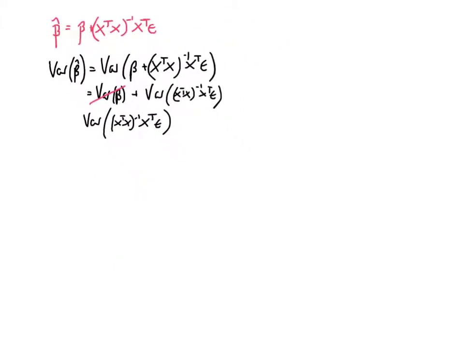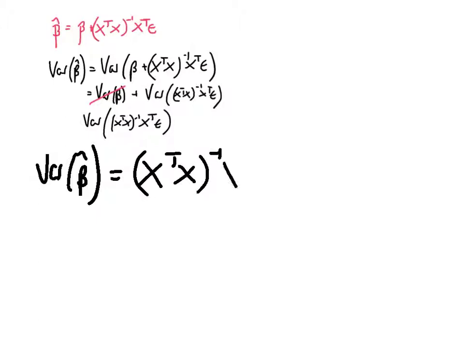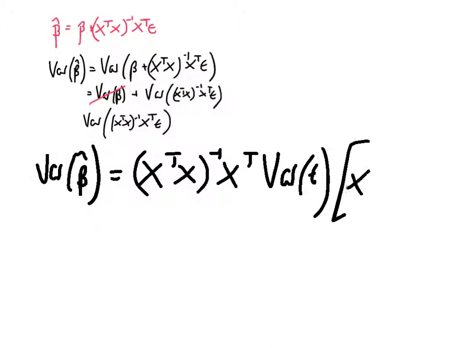What we're saying then is that the variance of beta hat is going to be equal to (X^T X)^-1 X^T multiplied by the variance of epsilon multiplied by (X^T X)^-1 X^T, and this is all transposed.